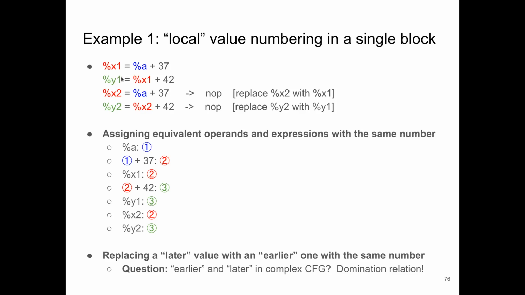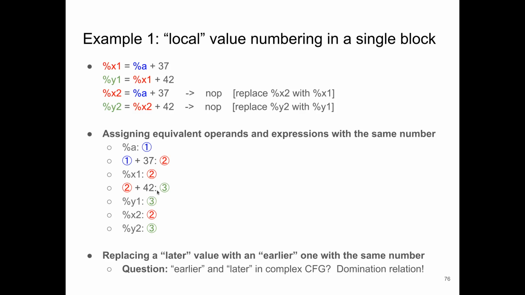Okay, so far so good. And let's move on to the second line. We're going to add x1 plus 42. And we consider that x1 is actually number 2 here. So we are effectively computing a value with number 2 plus a constant 42.